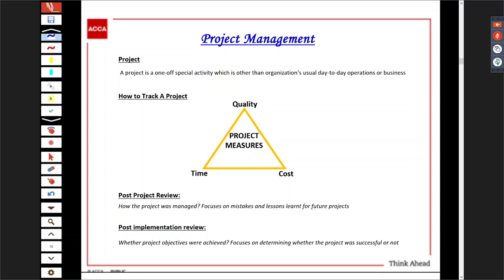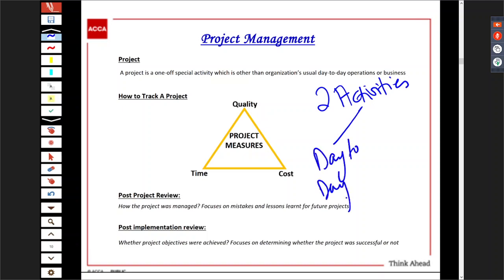In an organization, there are two types of activities. One is day-to-day operations, and the other one is projects. Day-to-day operations, as the name says, are our core business, like selling, marketing, revenues, production, finance, IT, collections, inventory, purchasing, HR, legal.